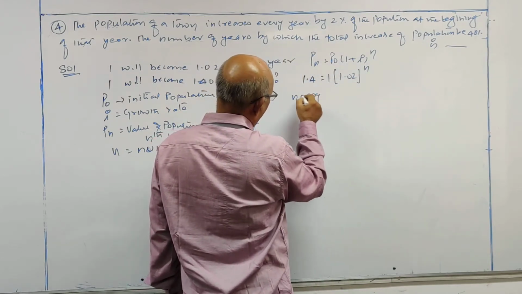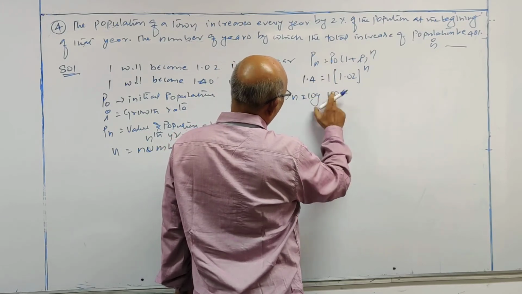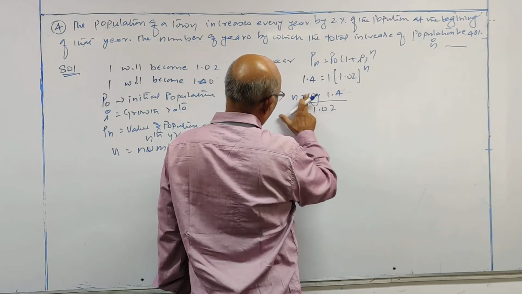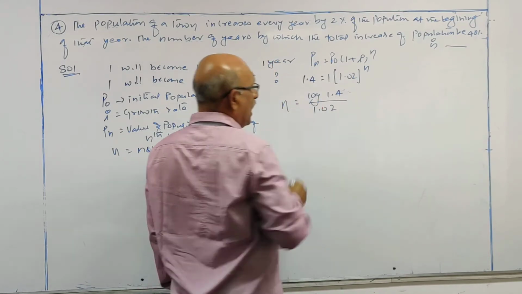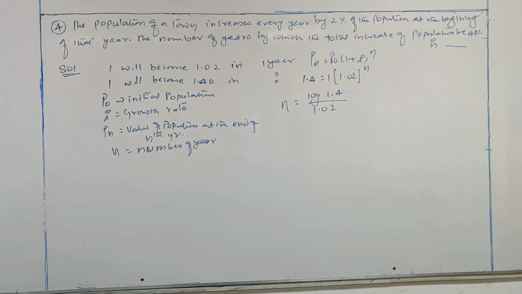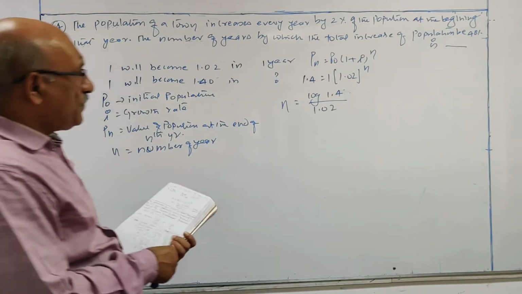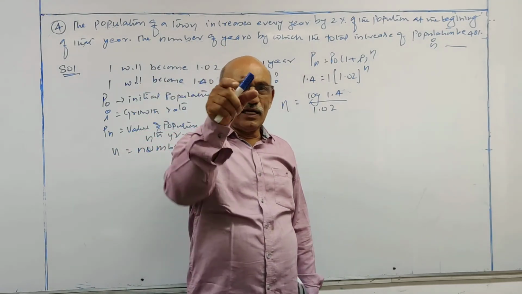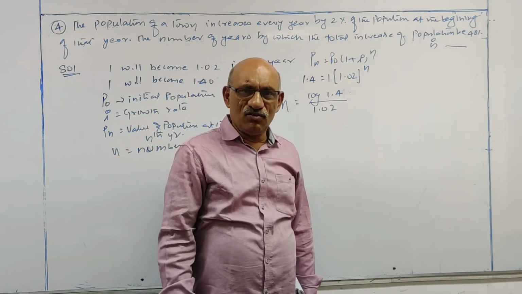n is equal to log 1.4 divided by log 1.02. Now you have to take logs on this, and you know how to take logs on a calculator. That process I described in my previous videos.